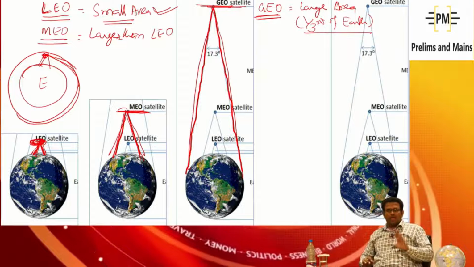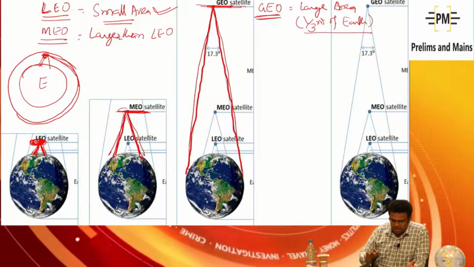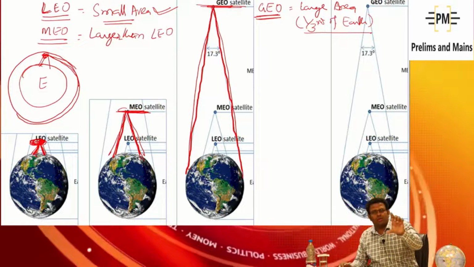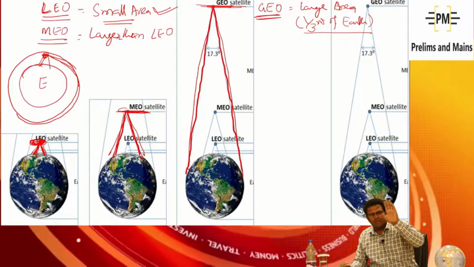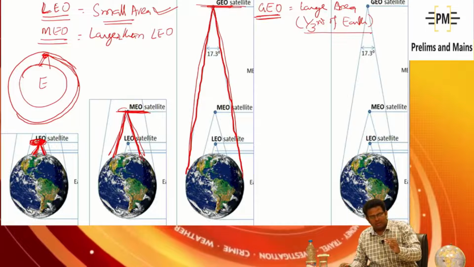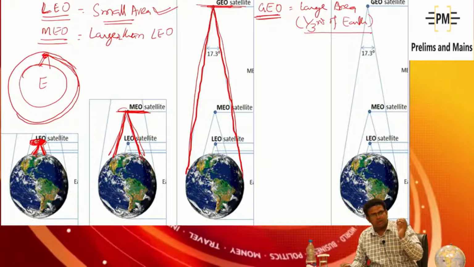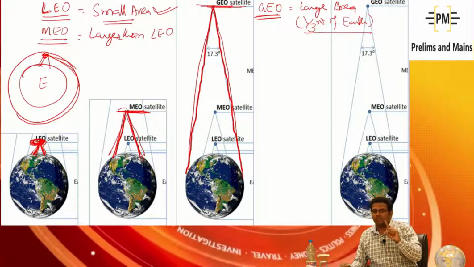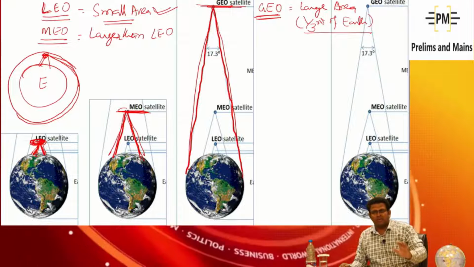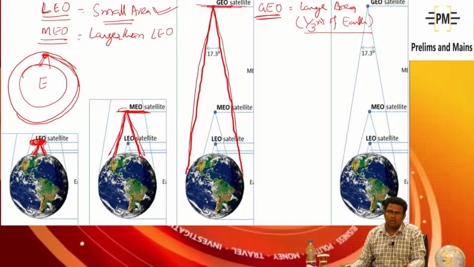Clear? So my point on signal coverage area is clear to you. In the low Earth orbit the signal coverage is very small, then the medium Earth orbit is larger than low Earth orbit, and in the geosynchronous Earth orbit, 36,000 kilometers, it is covering a larger area, or we can say one third of the whole Earth.